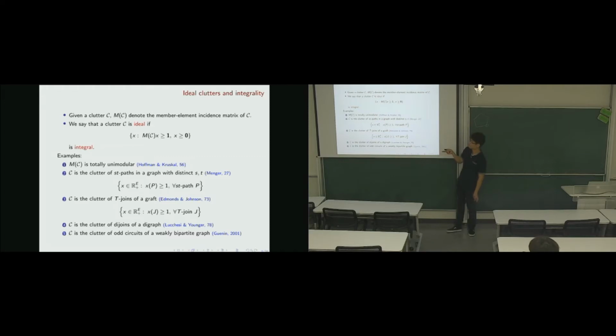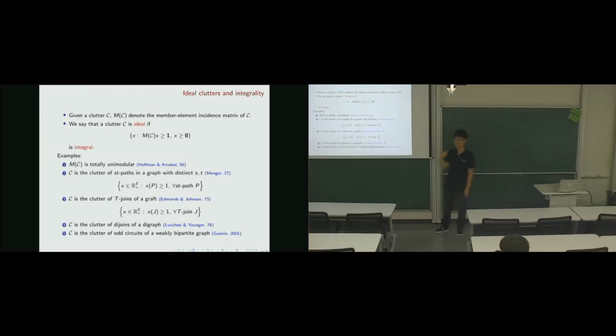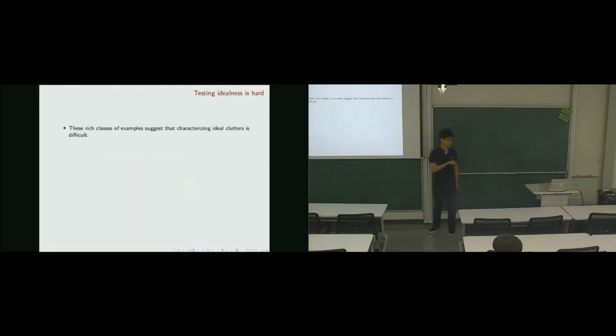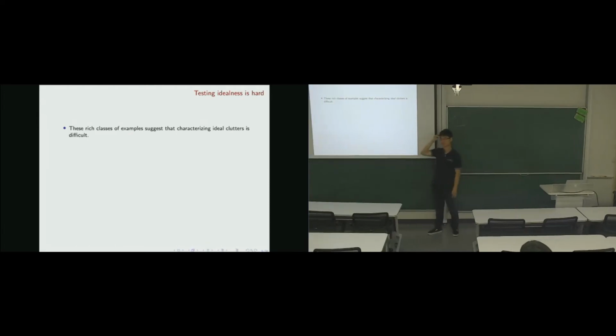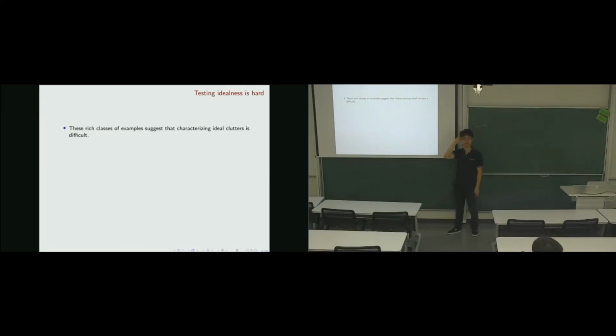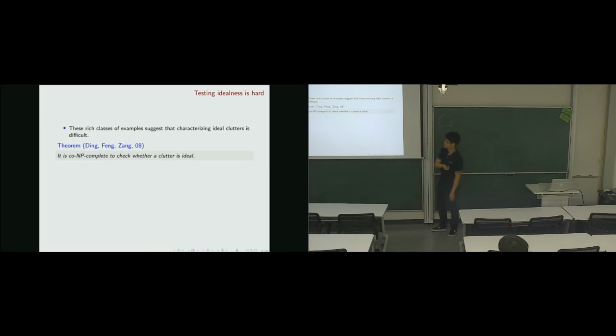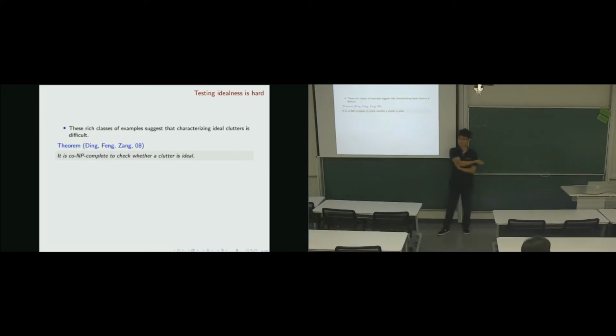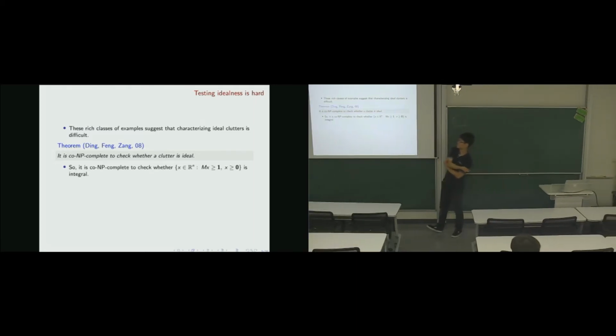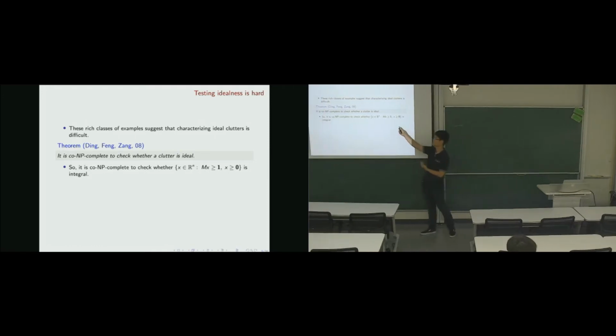I'm always fascinated by these examples, like these pioneers in the community looked at this question before. These rich classes suggest that it might be hard to characterize when a clutter is ideal. In fact, it's co-NP complete to test whether a clutter is ideal, which means that testing integrality of this polyhedron is co-NP complete.